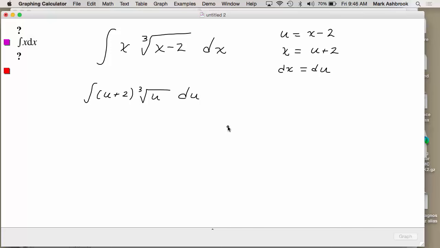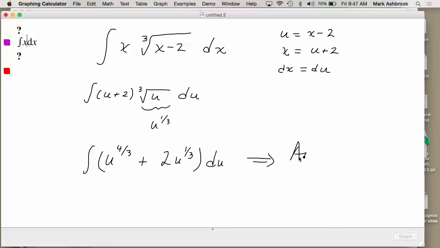Did you get that? Why does that help? Because this is u to the 1/3, and we can do what now? Distribute. Get two terms. u to the 4/3 plus... easy from there.